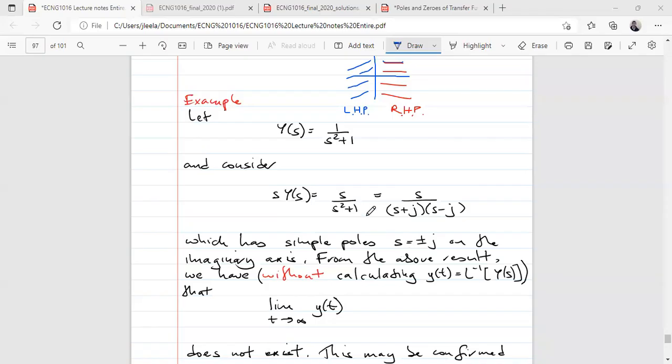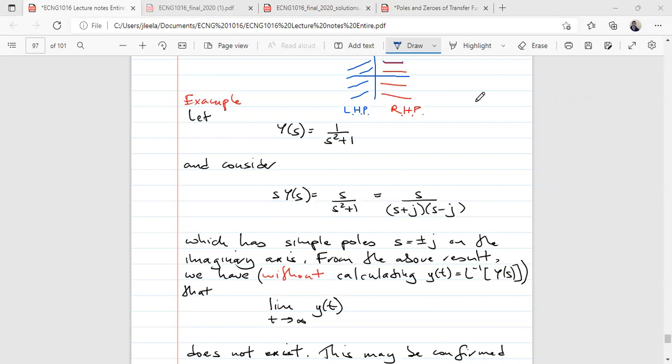Okay, so let's continue. If the poles lie on the left-hand side of the s-plane, then the limit exists.